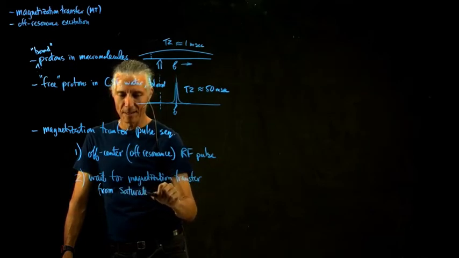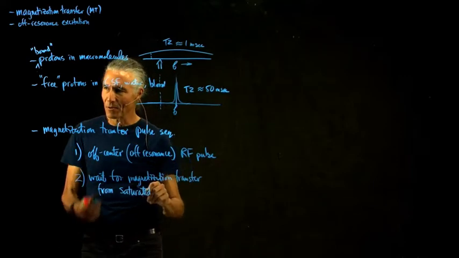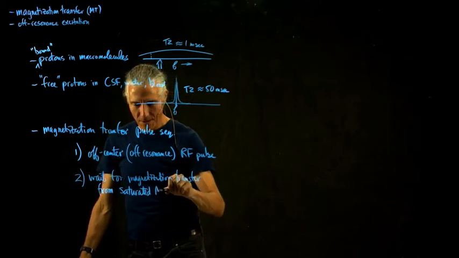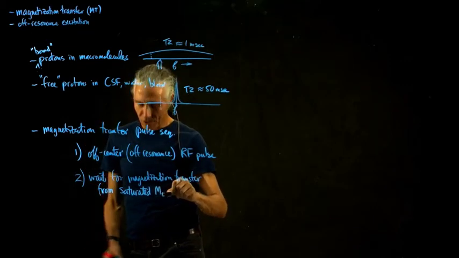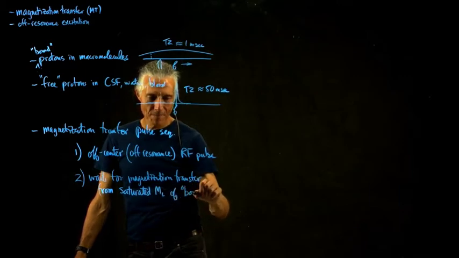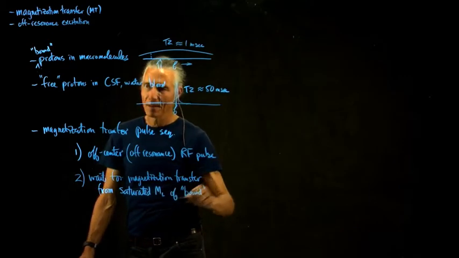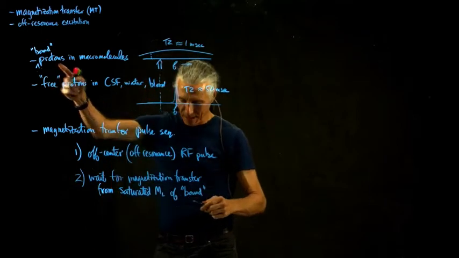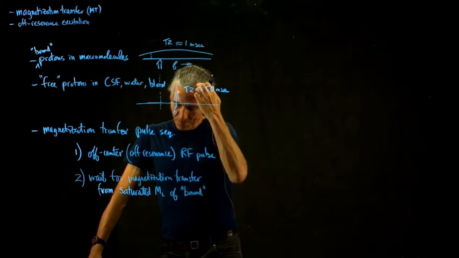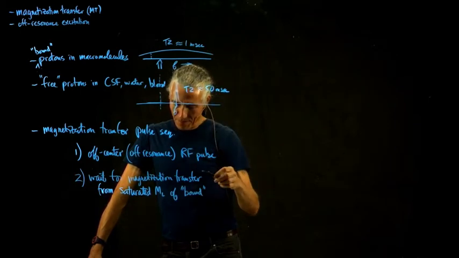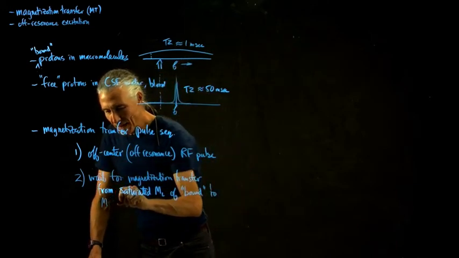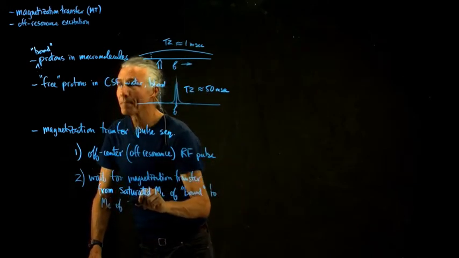Saturated means you did a 90 and you got rid of all the longitudinal.